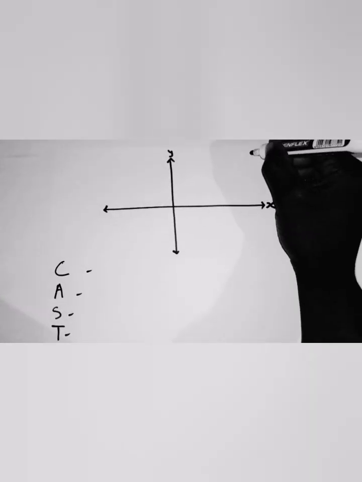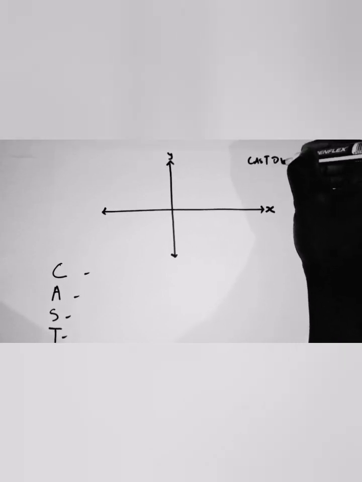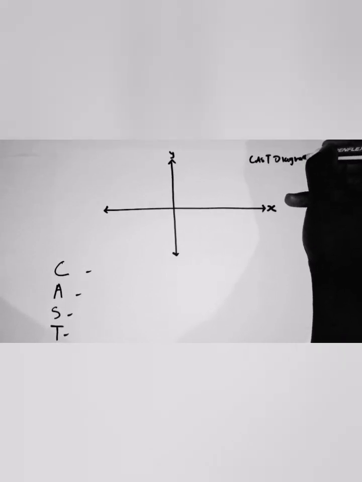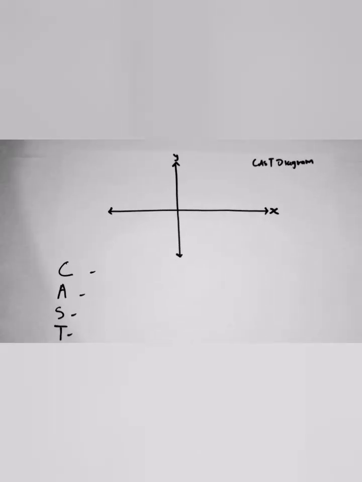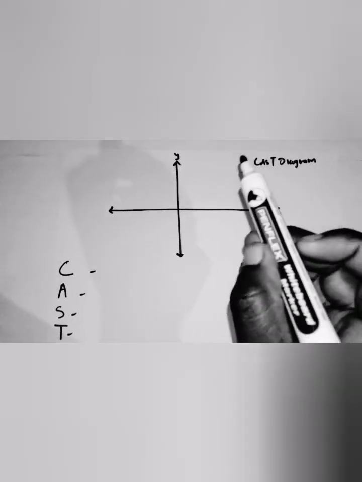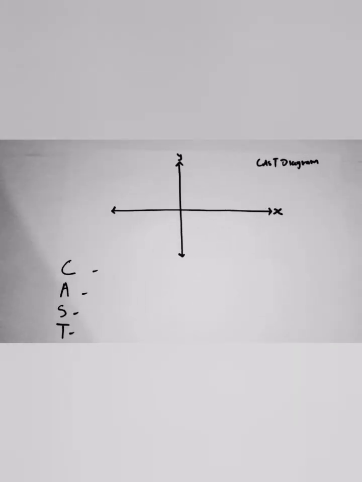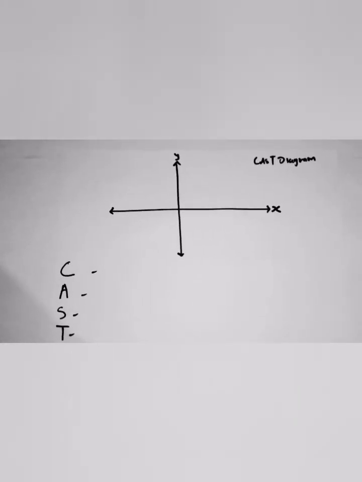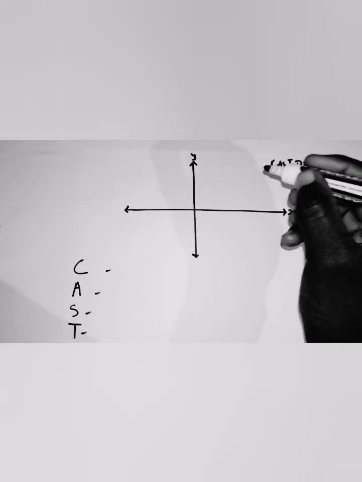So we call this Cartesian plane in trigonometry the cast diagram, or in reduction formula, the cast diagram. That cast, those 4 letters, you put each letter on these quadrants.